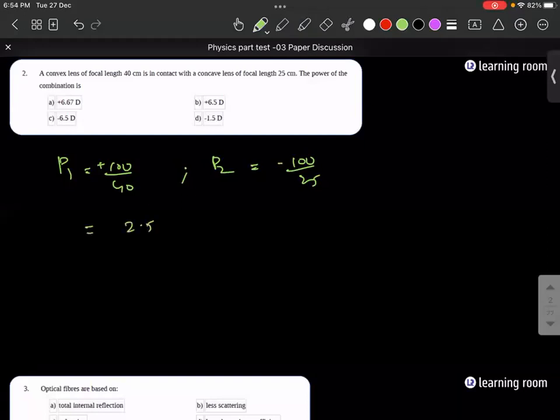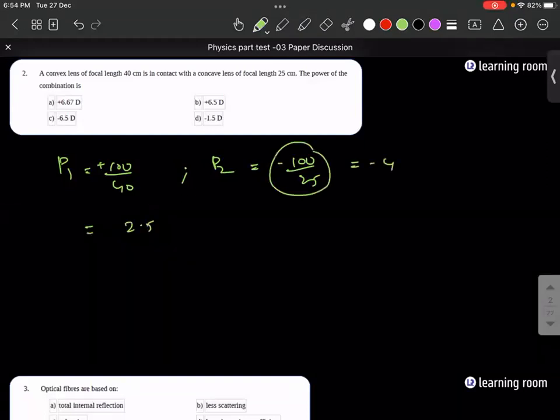So 2.5, and here it is going to be minus 4. So P is equal to P1 plus P2. Answer will be minus 1.5 diopter. Right. Did you understand why I wrote 100? Because focal length was given in terms of centimeter.